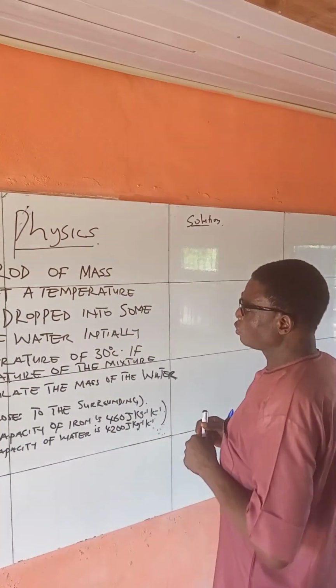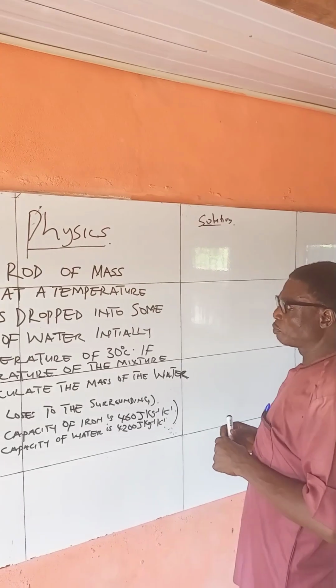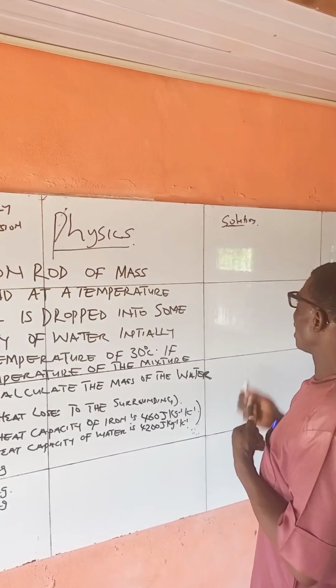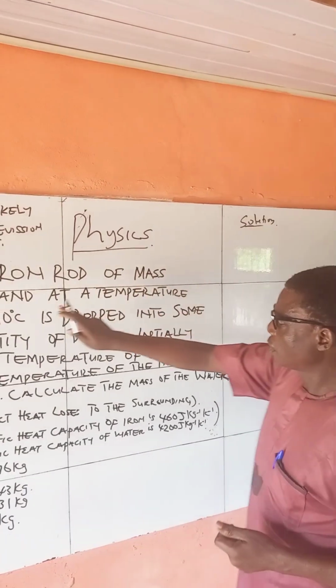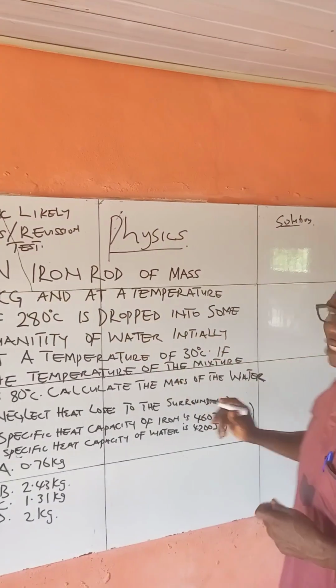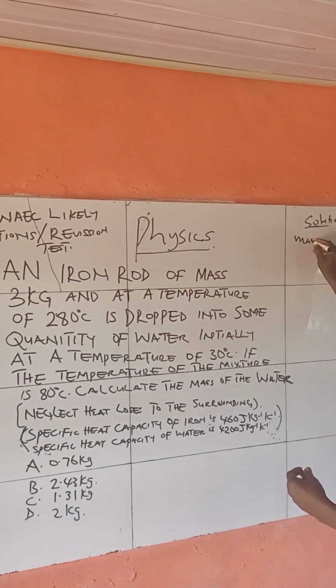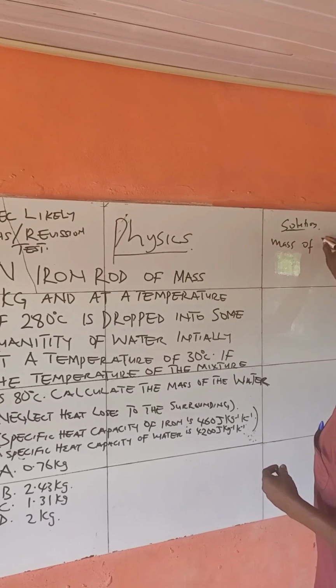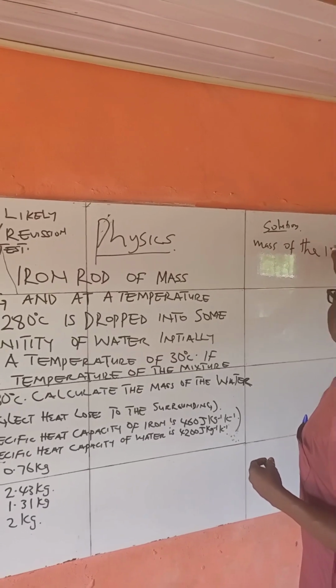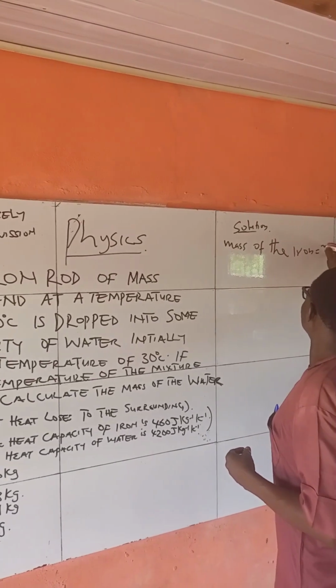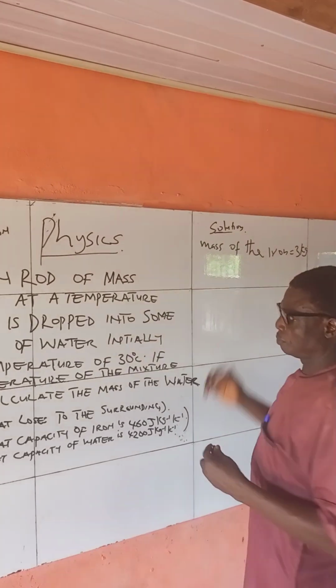Let's start with the information from the question. The mass of the iron equals 3 kg.